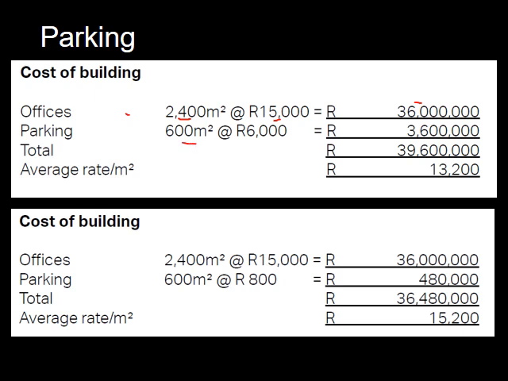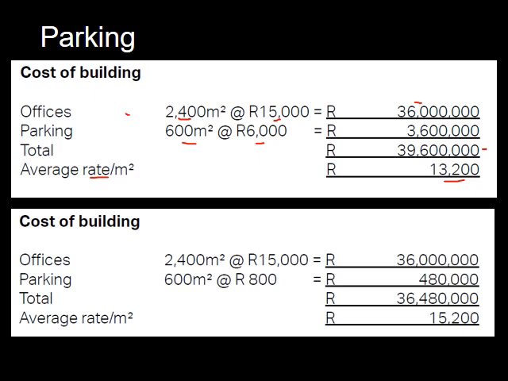Your basement parking is less because it doesn't have specialist installations, and it works out at approximately 6,000 Rand per square meter. And then you add up your cost to get to 39.6 million. So your rate per square meter works out at 13,200 Rand per square meter for case one.